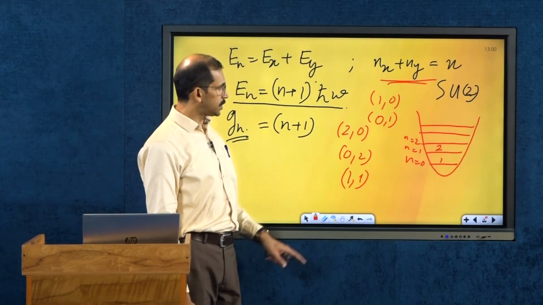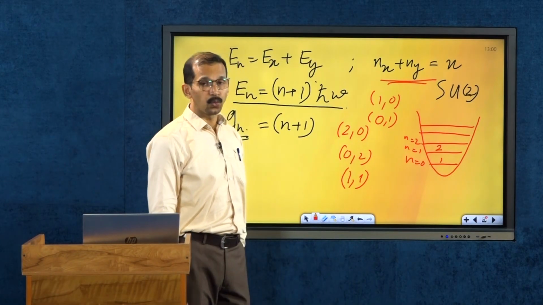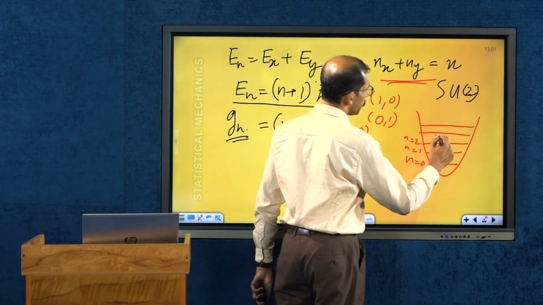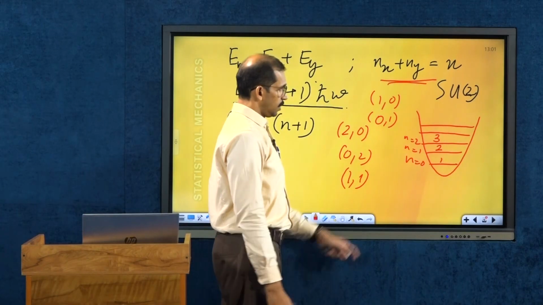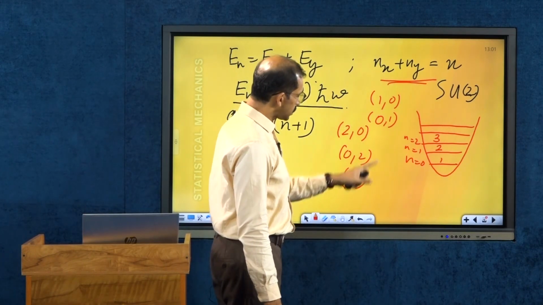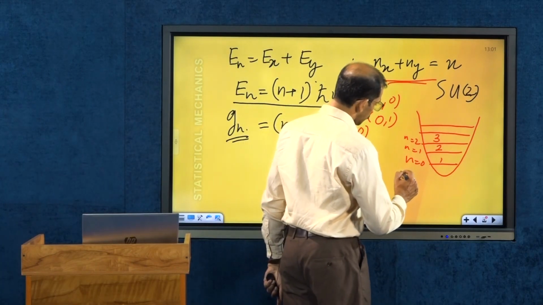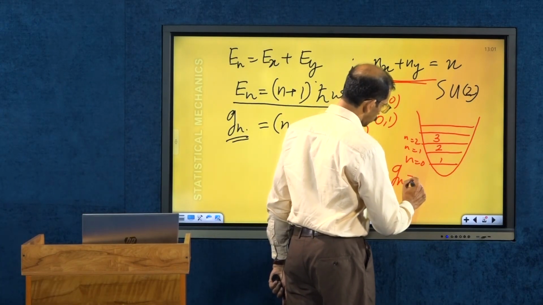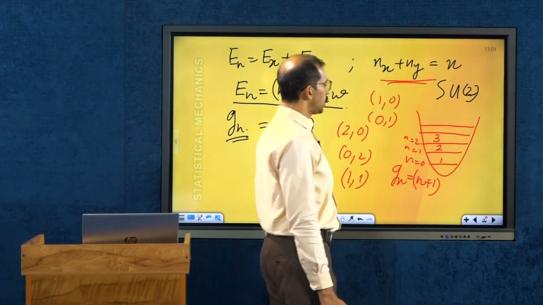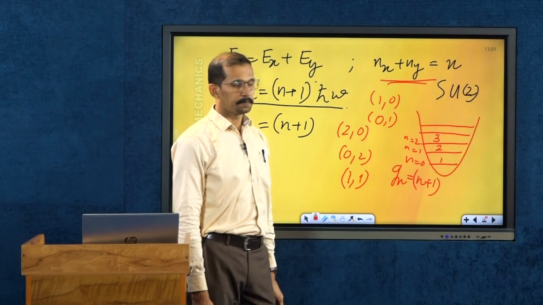These three possibilities are possible for n is equal to 2, which means that for n equal to 2, the degeneracy would be 3. If I extend this, I can go on writing like this, and this can be generalized by the expression degeneracy is equal to n plus 1 in the case of a 2D harmonic oscillator.